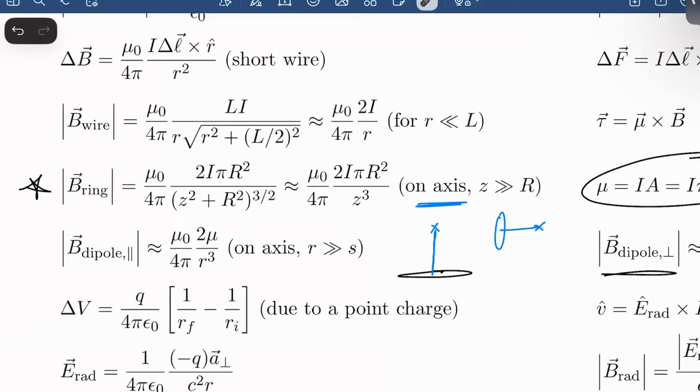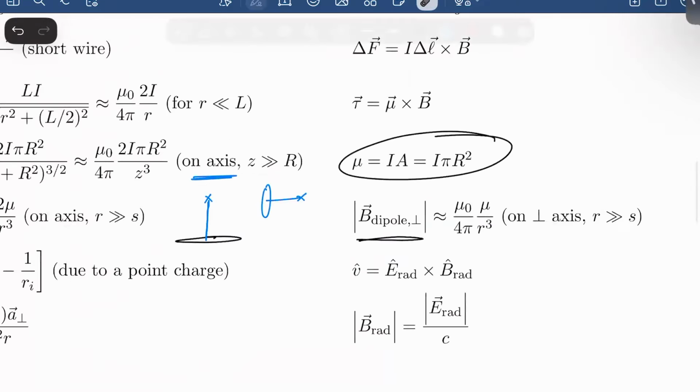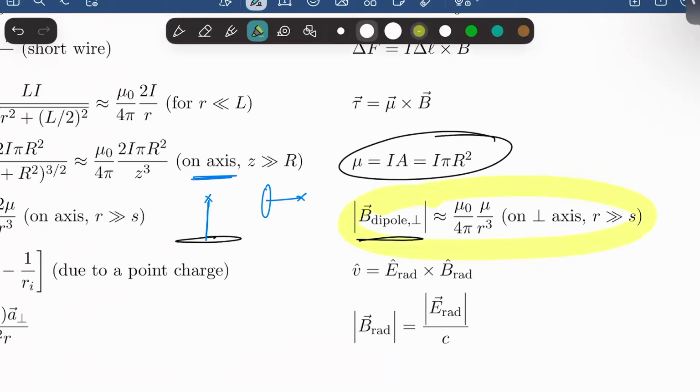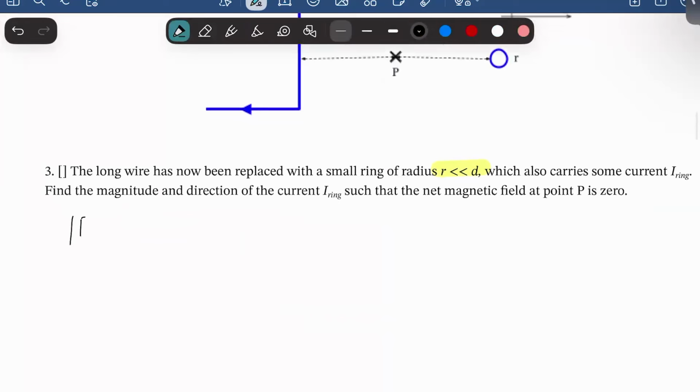So we're going to use the B dipole, not parallel, but perpendicular. So this formula here: B dipole perpendicular is equal to mu naught over 4 pi times mu over r cubed, I believe.